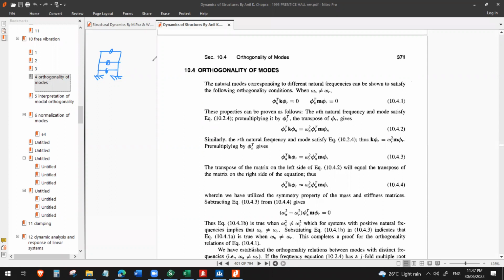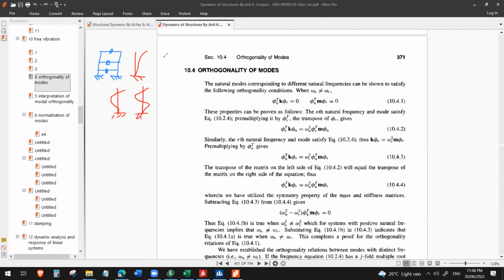We need to find the natural modes of this structure. From the previous lecture, mode 1 is normally this one. Mode 2 will be something like this, and mode 3 will be 2 times 1, 2, 3.